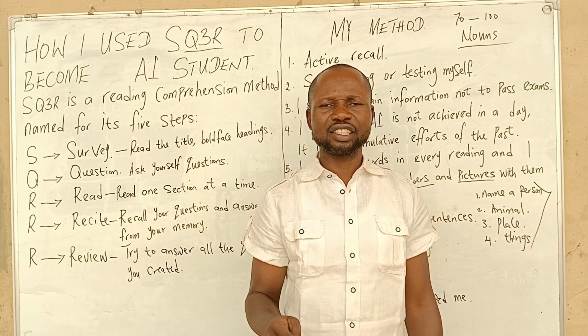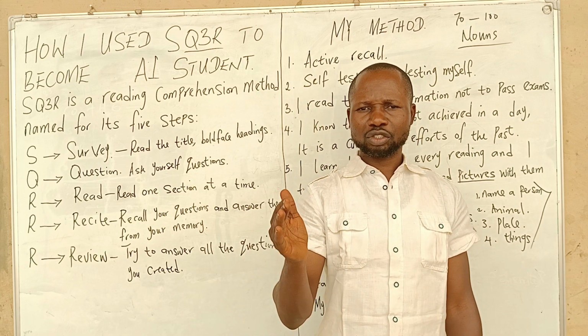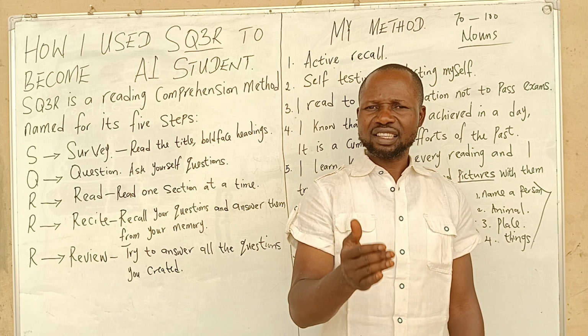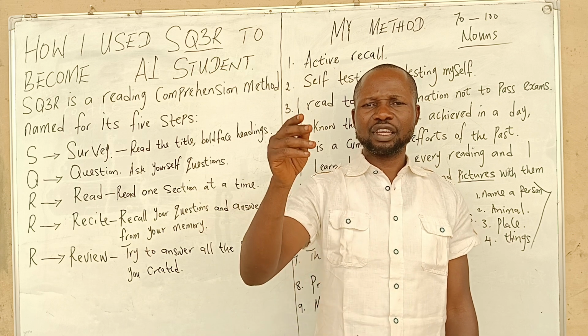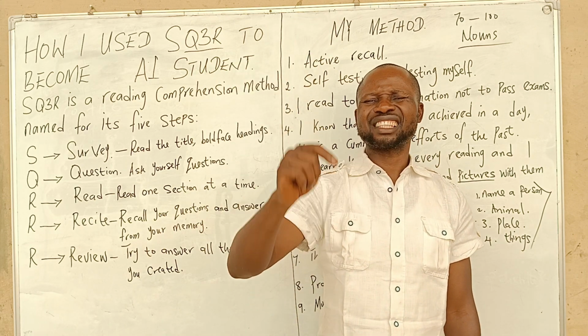A1 is not achieved in a day. It's a cumulative effort of minute after minute, hour after hour, and day after day. So I've already told myself that I have an end result and I will get there, but it's not achieved in a day.